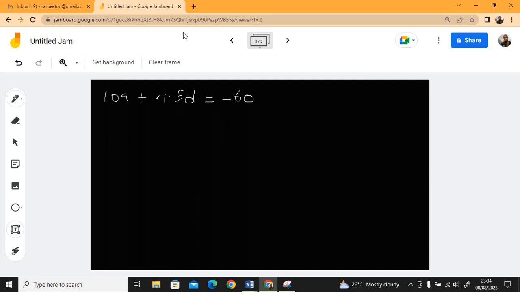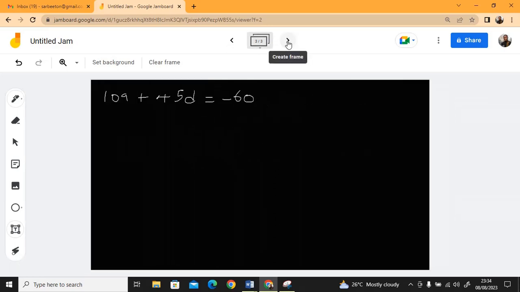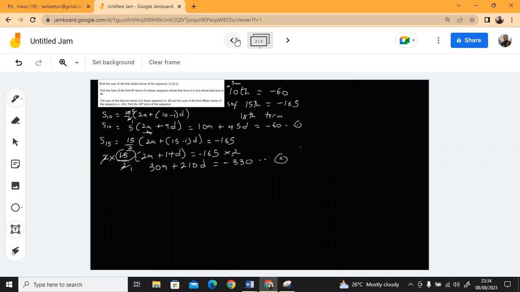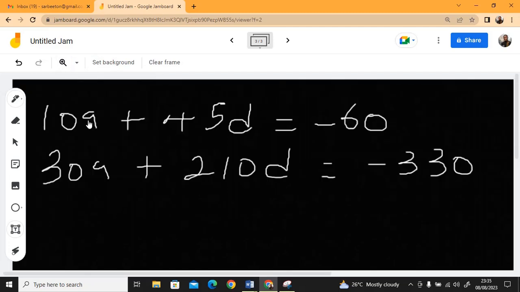Then equation 2: we have 30a plus 210d equals minus 330, if I'm right. Let's check together so that we won't make a mistake. Let me zoom this so that you can see it clearly. Now this is clear. Oh, this is too big.